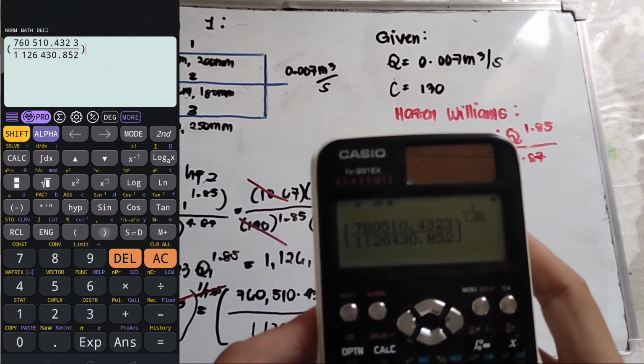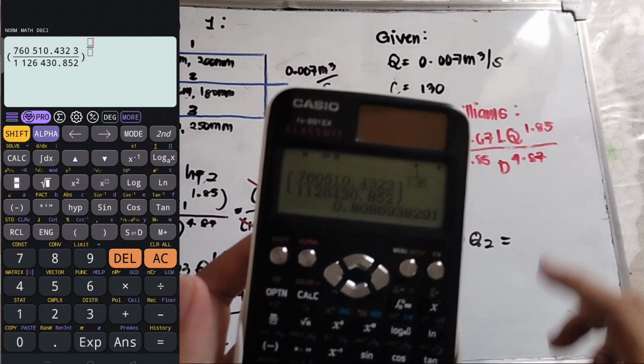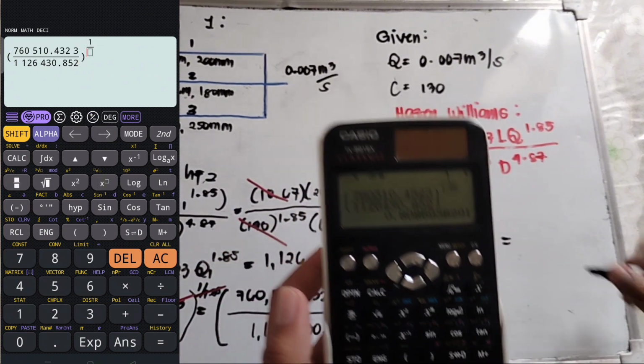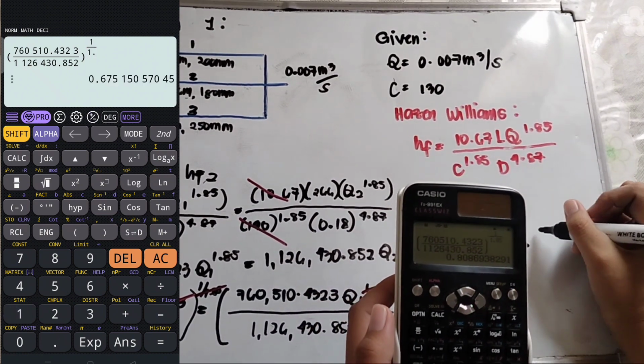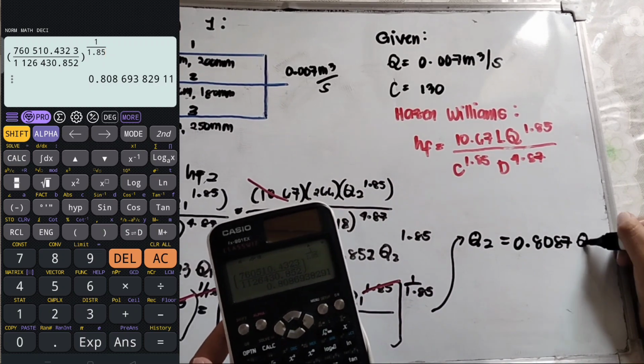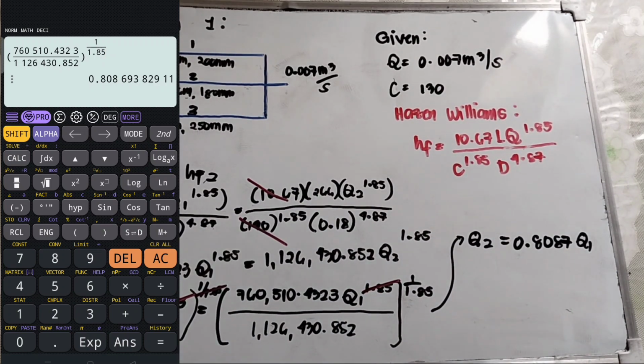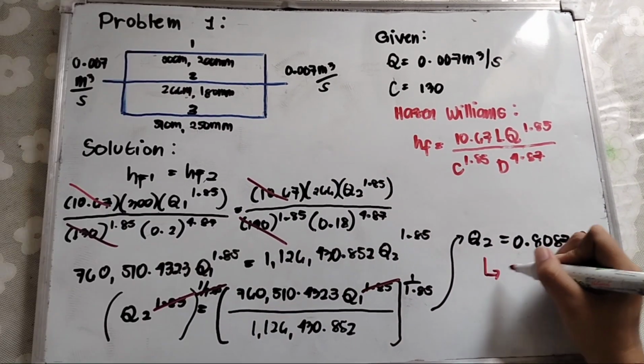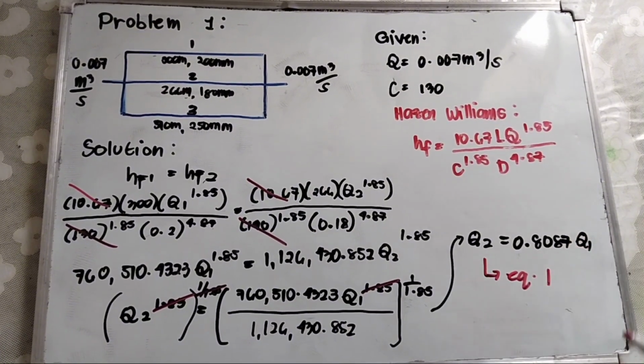In which we're able to come up with an equation of Q sub 2 is equal to 0.8087 Q sub 1. So, this will serve as our first equation.